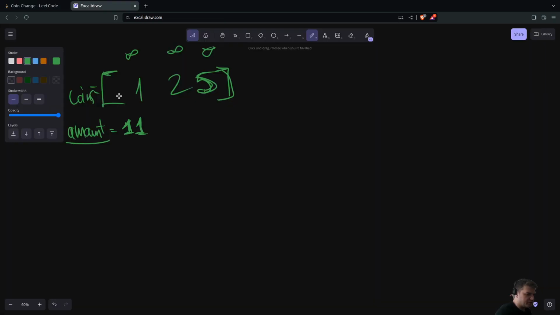It's like you are the bank and you have the coins, and a customer comes to you and asks to change a dollar amount into coins.